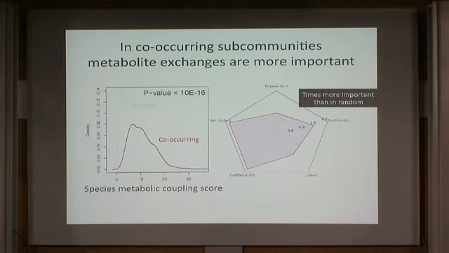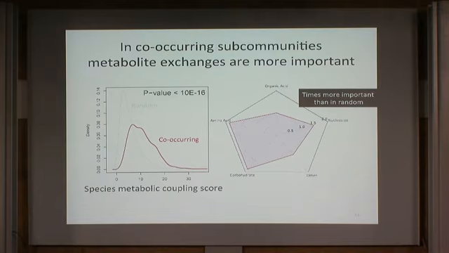We calculated that again for the co-occurring communities and for random control. You can see that this species metabolic coupling score is much stronger in these co-occurring groups of species, and that means their metabolic interactions are more important there.